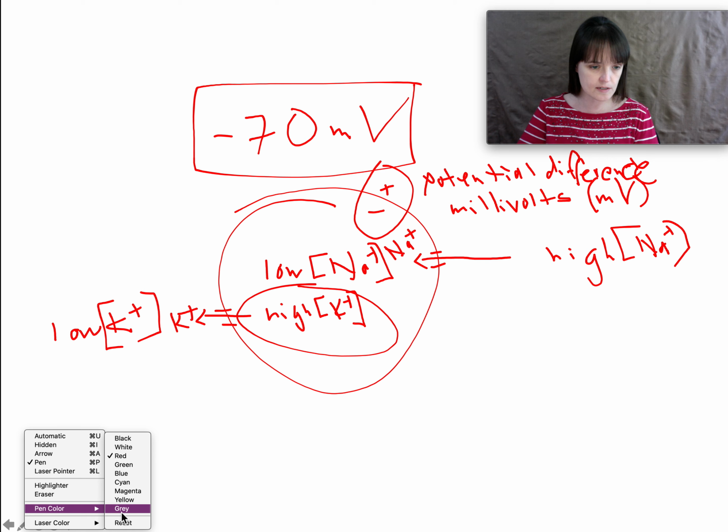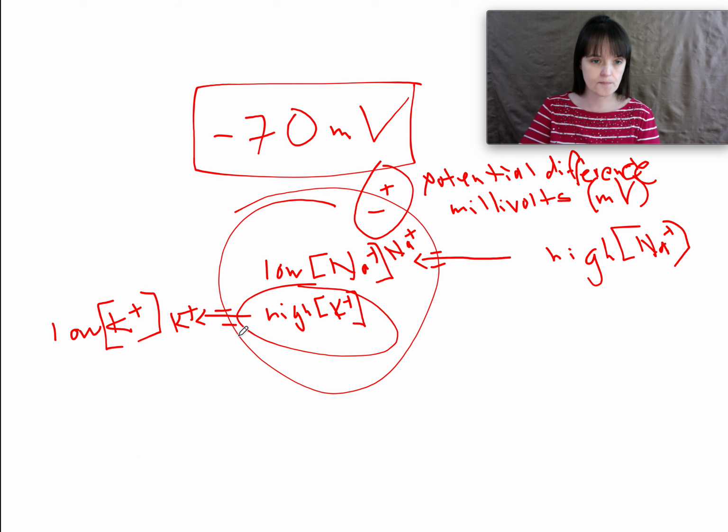I'm going to change colors. I'm feeling blue. So you have a large chemical gradient pushing potassium out of the cell, which we already talked about. But this potassium is positive, and the inside of the cell is negative.